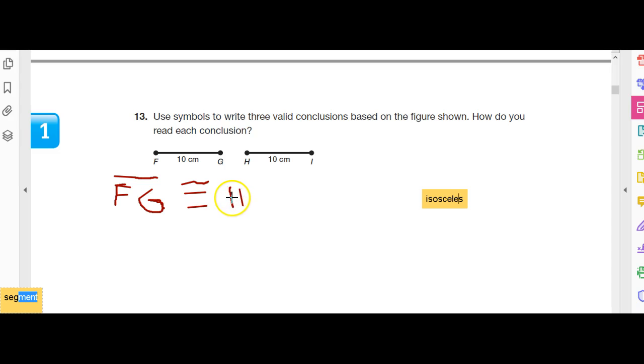And that's one statement I can make: that the two segments are congruent.